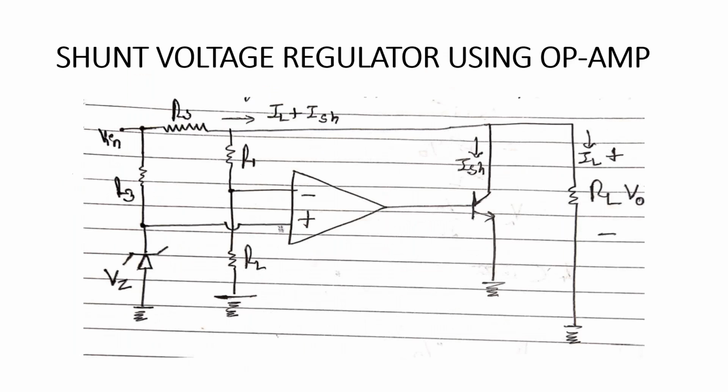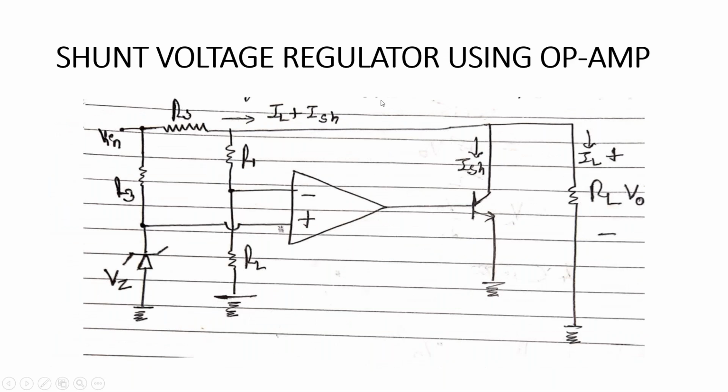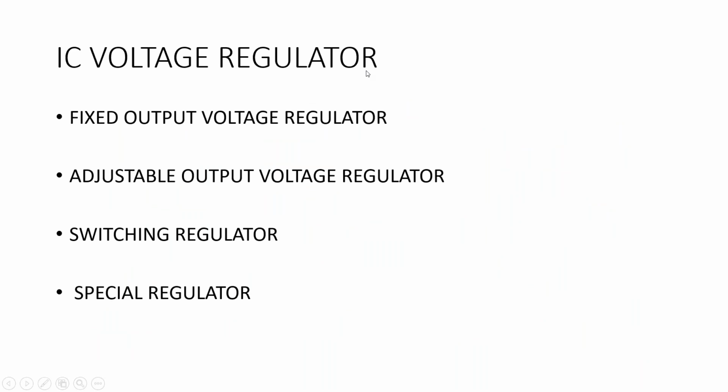Today we have studied about shunt voltage regulator, in which the control element is connected in shunt, the shunt voltage regulator using op-amp, then IC voltage regulator, fixed output voltage regulator, and adjustable output voltage regulator. These are the types of IC voltage regulator we have discussed.